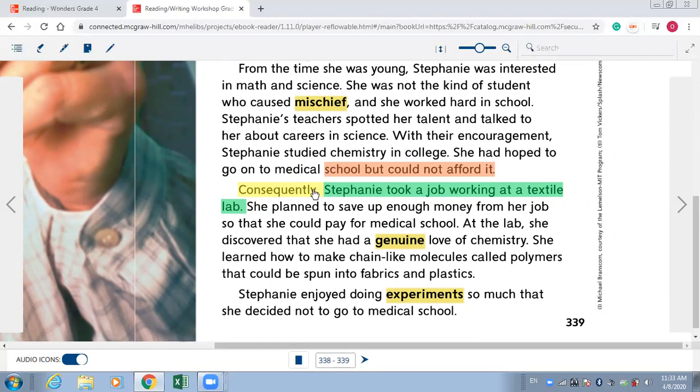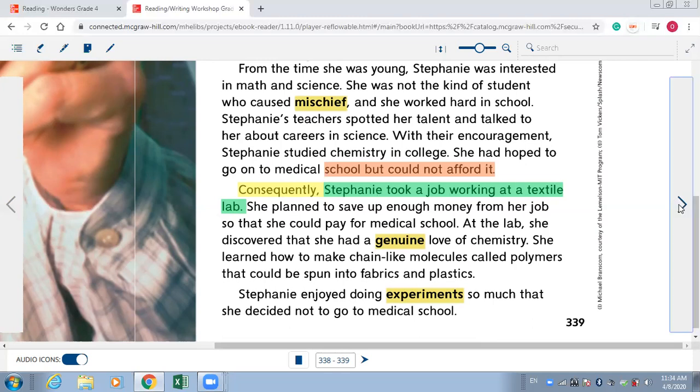Notice here, consequently came before the solution. So if you want to help find the solution after you read the problem, once you find such words, consequently, as a result, in the end, you can find the solution after that.